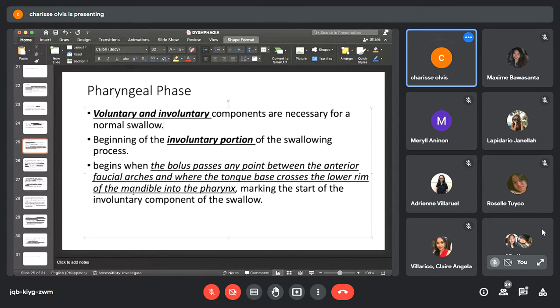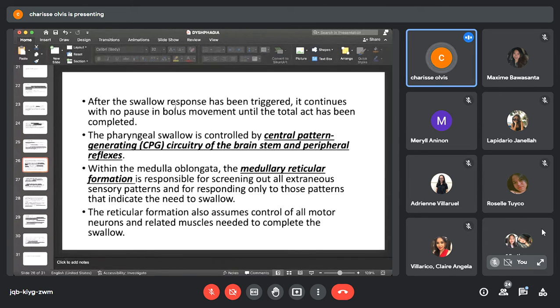Remember in the video, the tongue pushing towards the pharynx is the start of the pharyngeal phase. And then what happens to the larynx? Since the bolus passes, the larynx closes at this phase. After the swallow response, it continues with no pause in bolus movement.